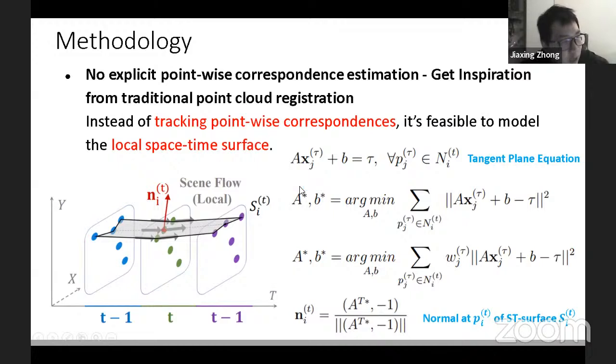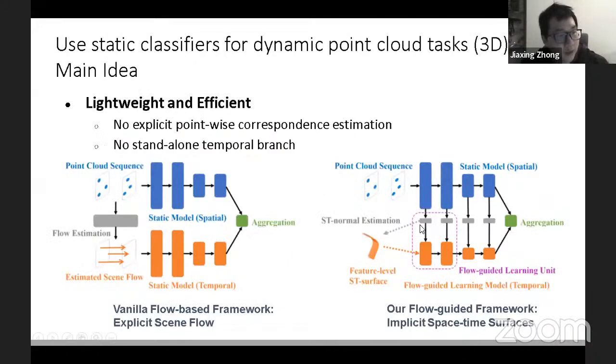Here, xj in this figure can be viewed as the points that lie on this surface, and this is the coordinate of these points. x is a three-dimensional coordinate in the original space, but we are trying to use a high-dimensional feature space.